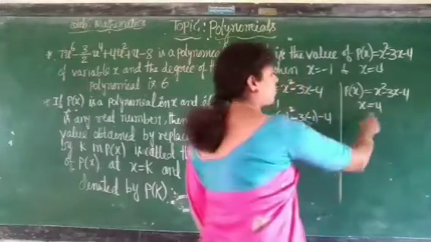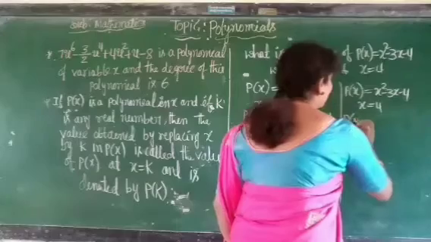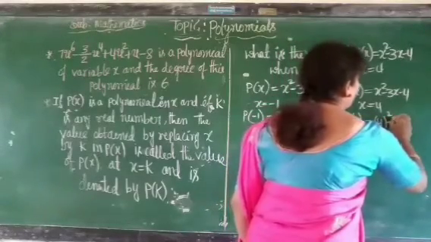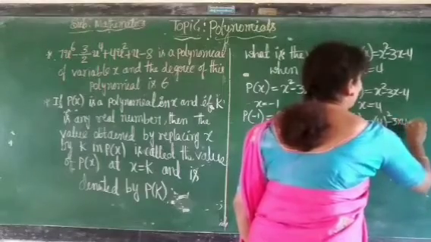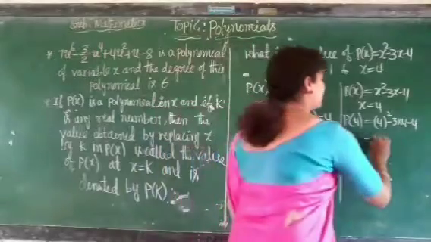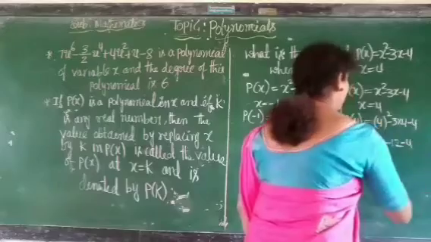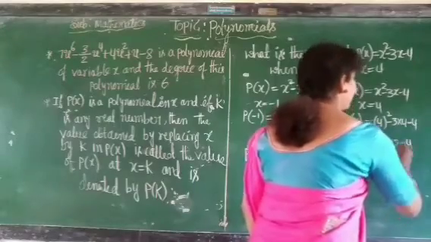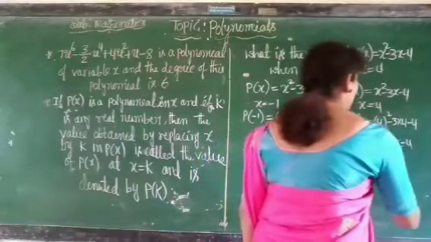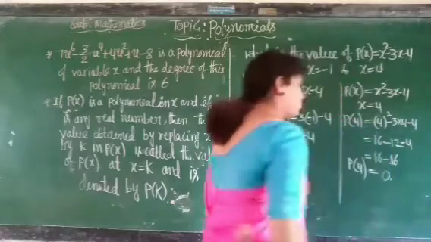Substituting the 4 in p of x, p of 4 is equal to 4 square minus 3 into 4 minus 4. 4 4s are 16 plus into minus, minus 3 4s are 12 minus 4. 16 minus 12 minus 4 is equal to minus 16. Minus 16 and 16 cancel, 0. P of 4 is equal to 0.